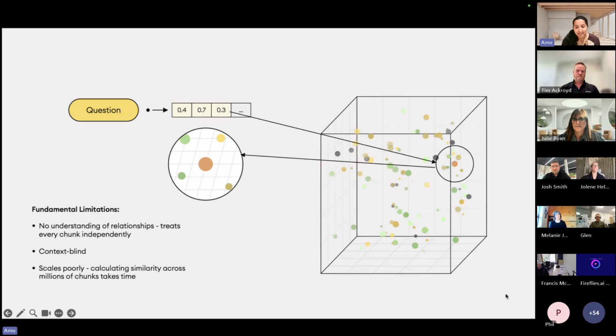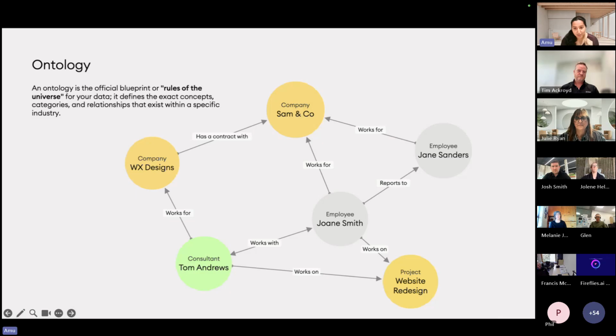To understand GraphRAG, let's talk about three main components in play. Firstly, it's the ontology. An ontology is an official blueprint or rules of the universe for your data. It defines the exact concepts, categories, and relationships that exist within a specific industry. For BSI's proof of concept, we used the NALT ontology.